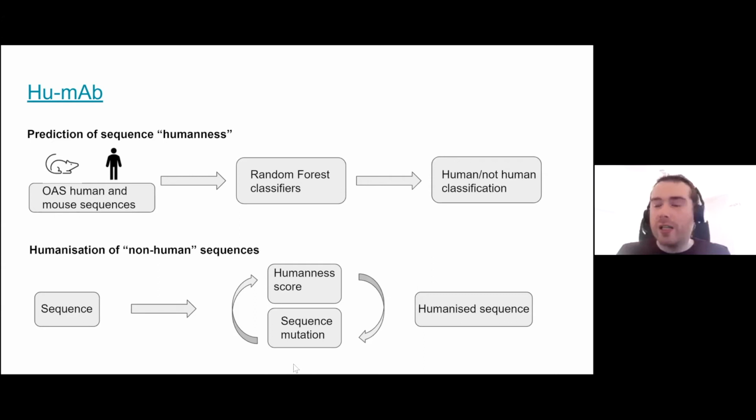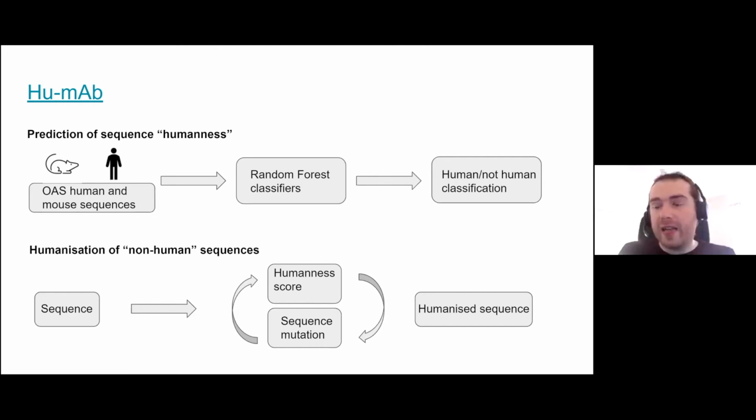Let's just enumerate all of the possible mutations that we could make, or a very large number of them, and then assay everything and see whether any of the mutations bind better than what we started with. Obviously, this will converge upon the solution if there is one, but it's very costly and very time consuming. And it doesn't really solve the problem of whether I can look at this and say, does it still look human?